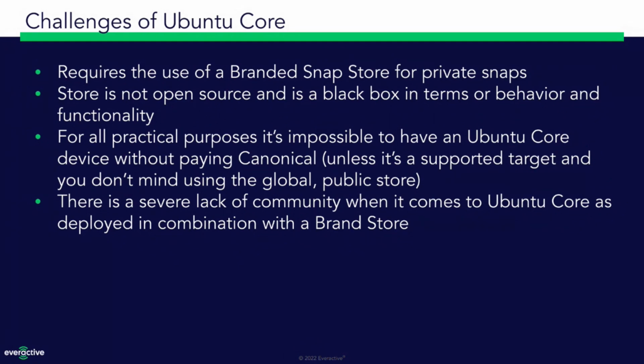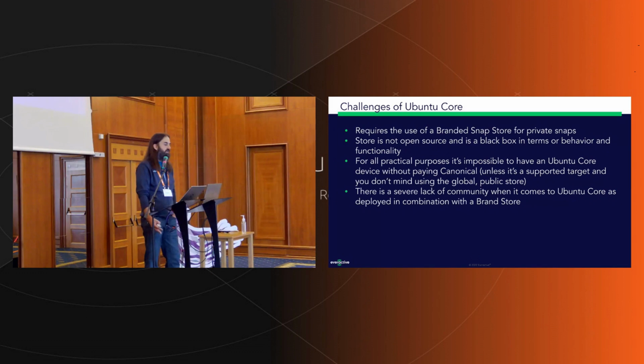And while Snapd and the associated parts are open source, it's tied to a specific store and a specific authority, and there's no way to add alternatives. So, not that you would necessarily want to run your own store, but if you did, you don't really have the option besides patching Snapd and running a custom Snapd, which is not totally unreasonable.